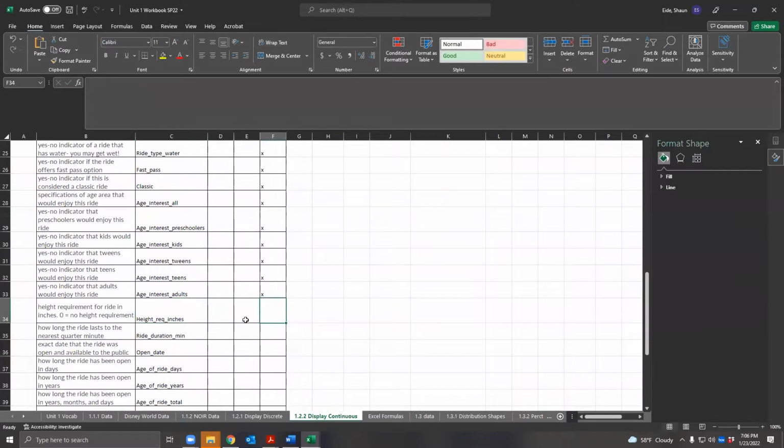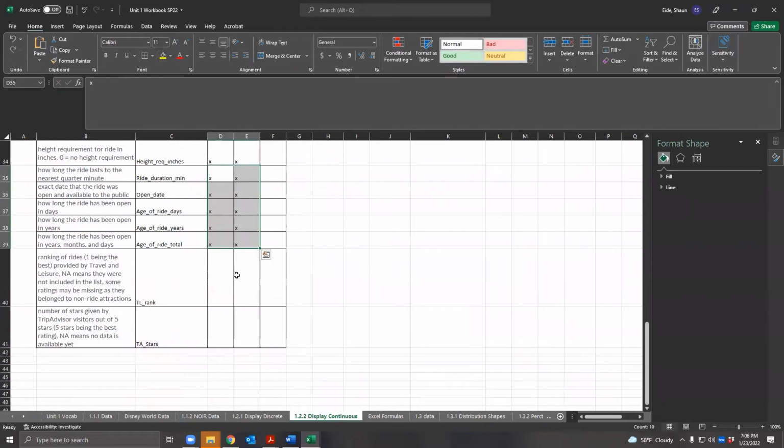And then height requirement inches. So now we can start doing, basically all of these can be done with all of them. Okay. And then this right here, like I said, the ranking. What does the ranking look like?